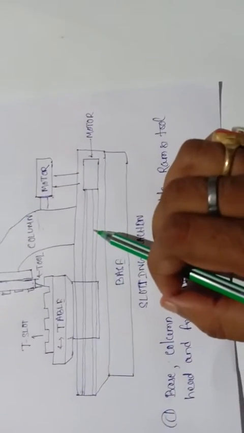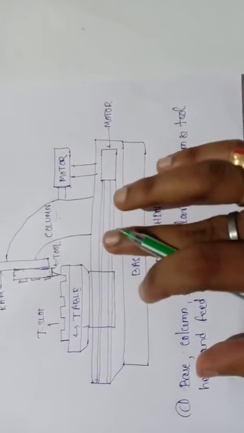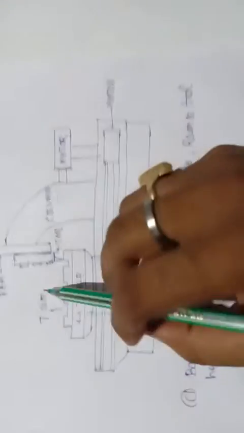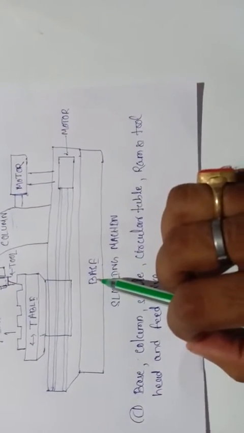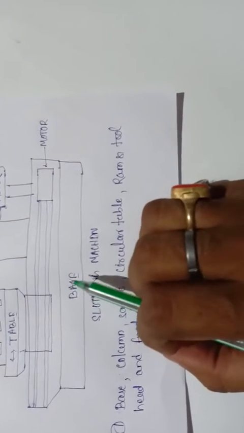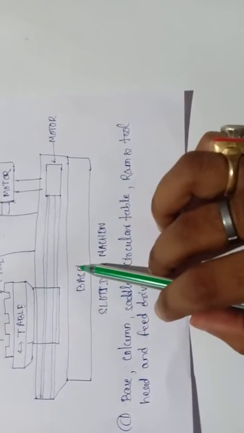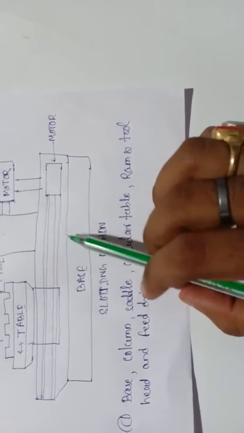So let's learn about each term. The first one is the base. The base should be sufficiently rigid to take up the entire load of the machine.